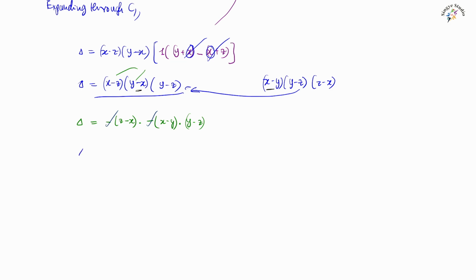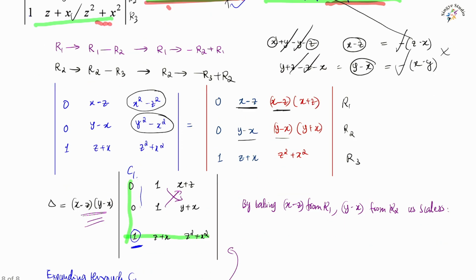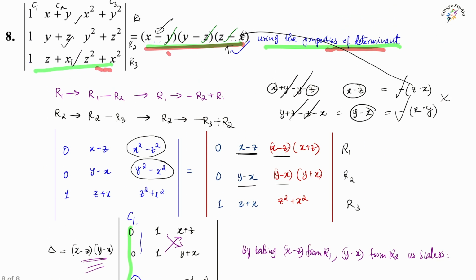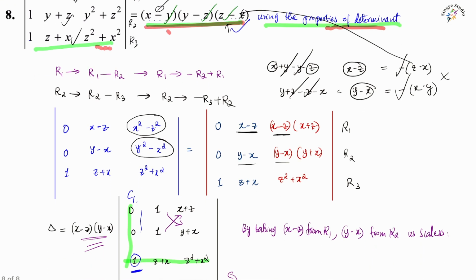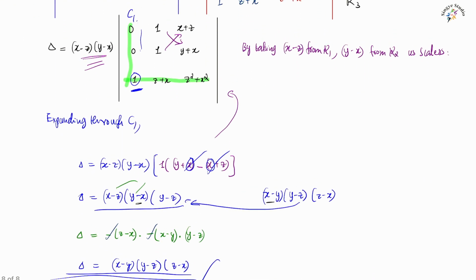So our final determinant is x minus y, y minus z, and z minus x. With this, we have successfully shown that the whole determinant is the same as this factor by following the properties of the determinant and by performing the elementary column and row operations.